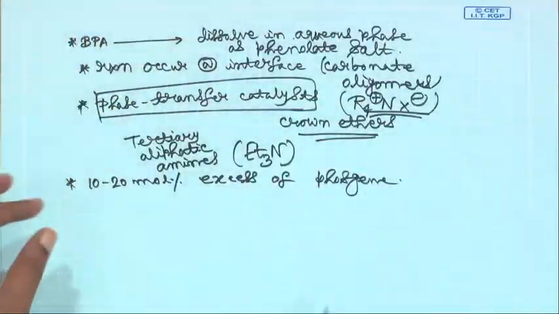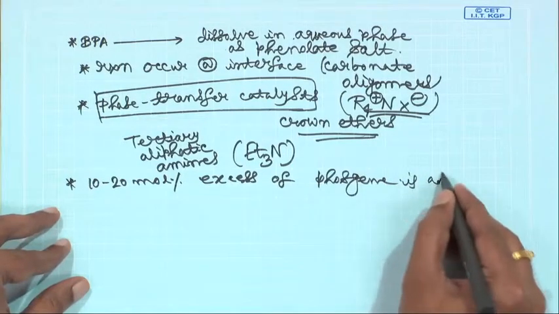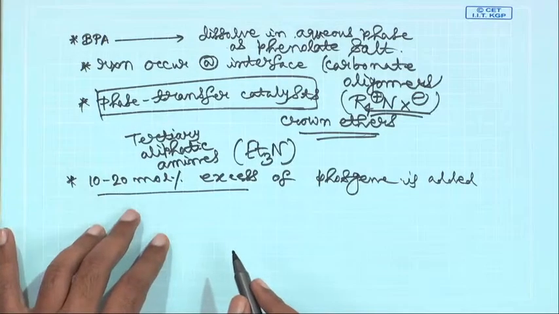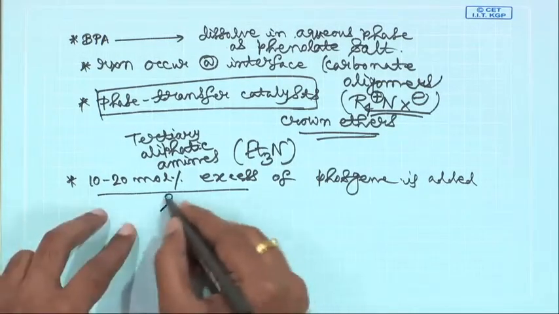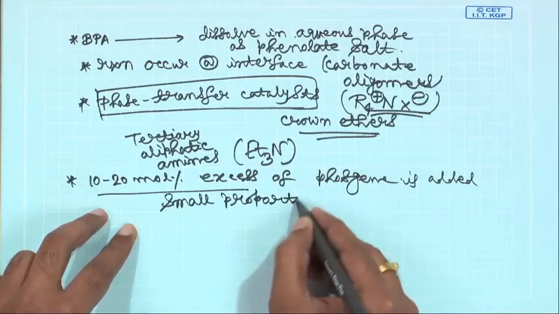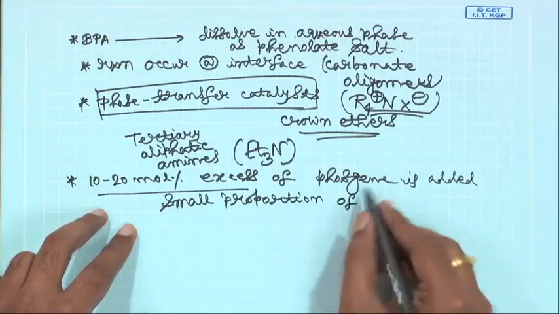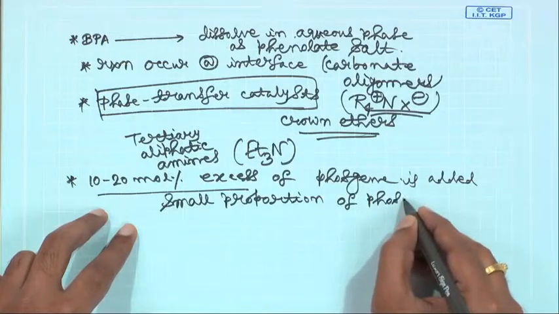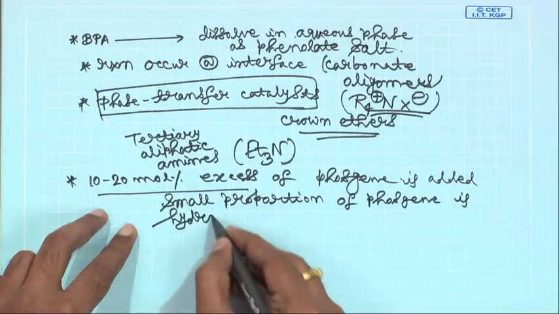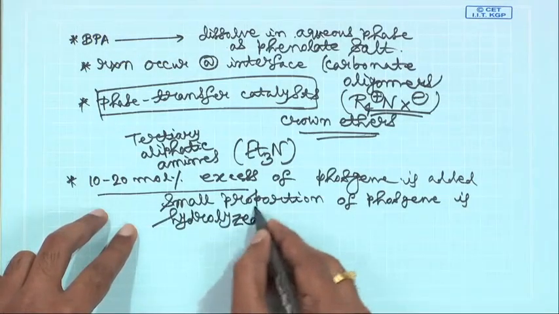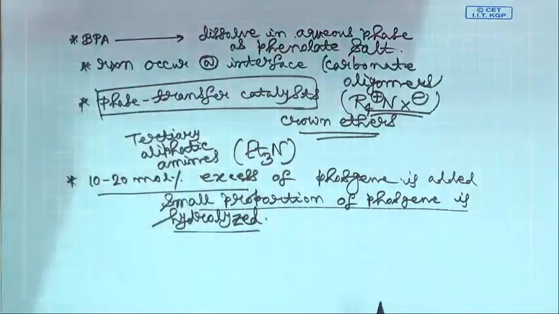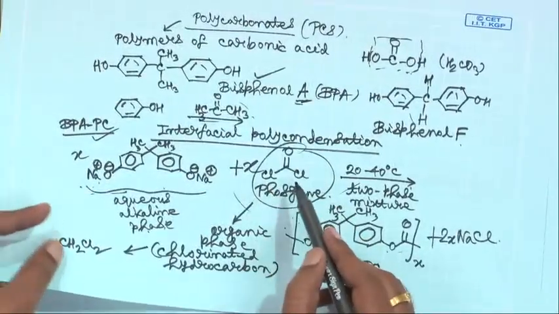It is not exactly 1:1, it is 10 to 20 mole% excess with respect to your bisphenol A, because a small proportion of phosgene is hydrolyzed during the reaction.